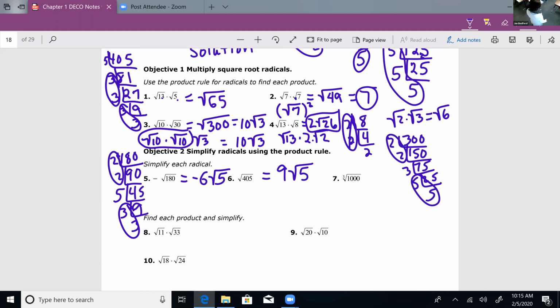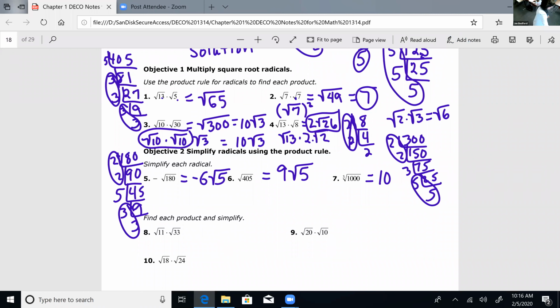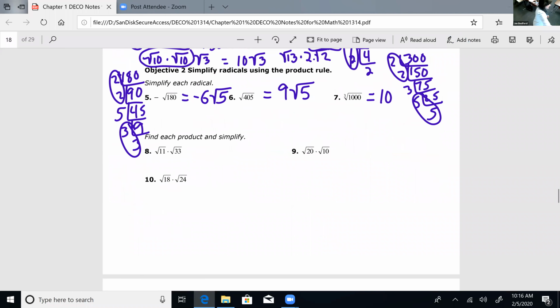It is a perfect cube, so you don't have anything left behind underneath the radical, okay? And what do you think it is? It is 10. 10 times 10 times 10 is 1,000. Some of these you can kind of play with in the calculator and see, but you can always do the prime factorization if you can't figure it out just by looking at it.